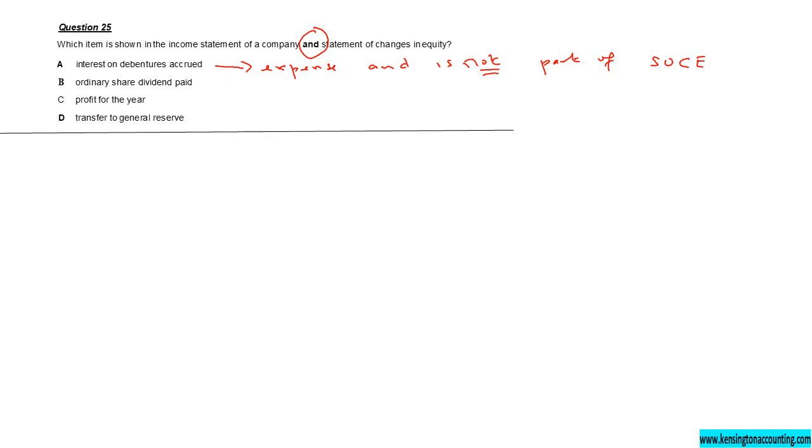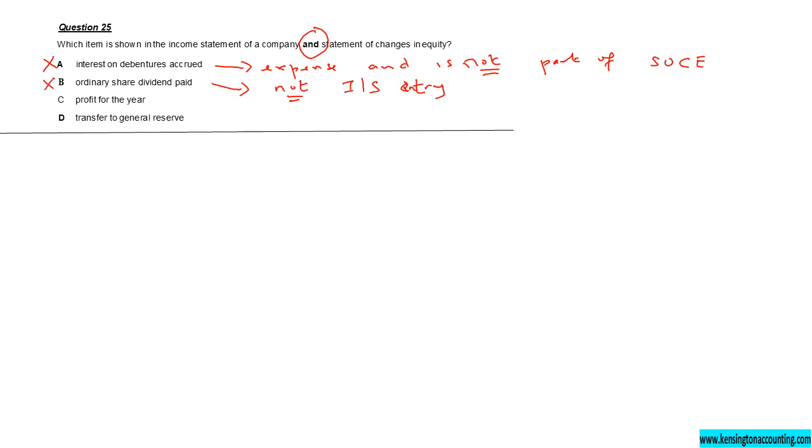Therefore, you can cross this out. Dividend paid. Dividend paid is not part of the income statement. Not an income statement entry. Okay, we can cross it out.